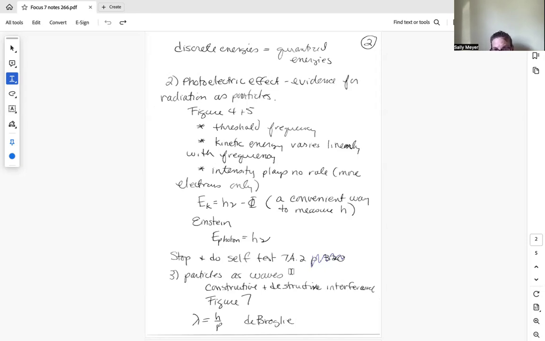And so that's huge. And so the first postulate that was come up with in order to explain this discrete energy idea for electrons was, what if particles can also be waves? So photons are particles of light.